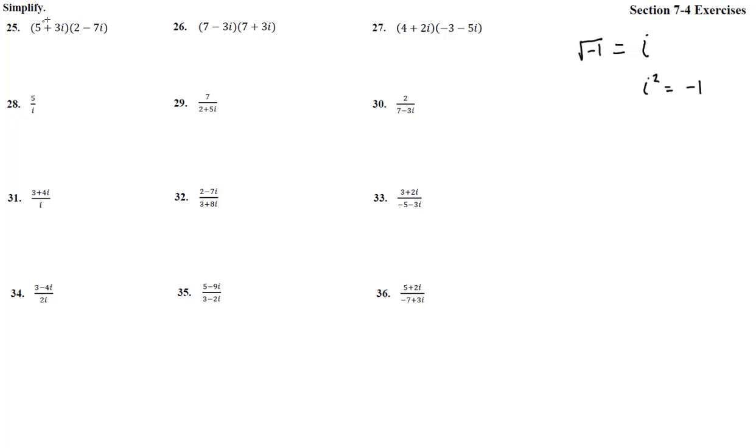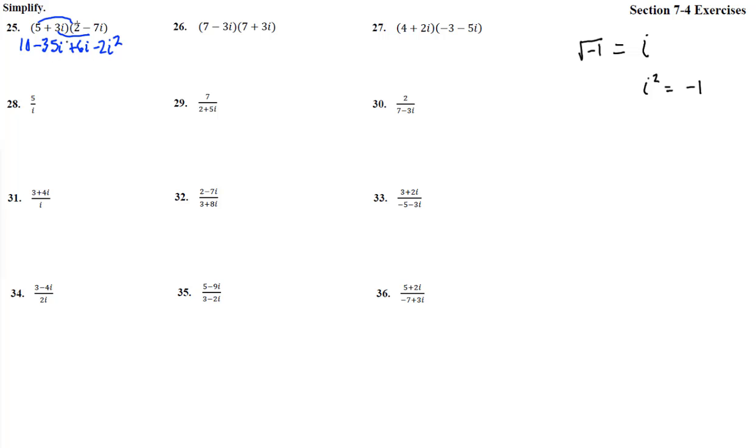Number 25, this is a binomial, and it's going to happen just like normal. We're going to get 10 minus 35i plus 6i, and then minus 21i squared.